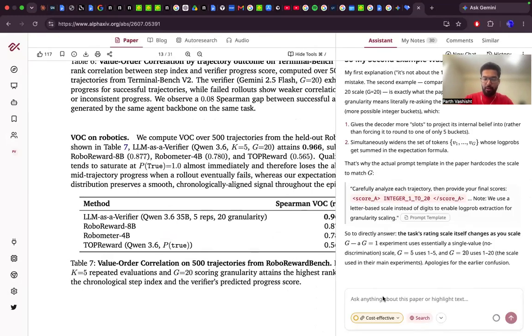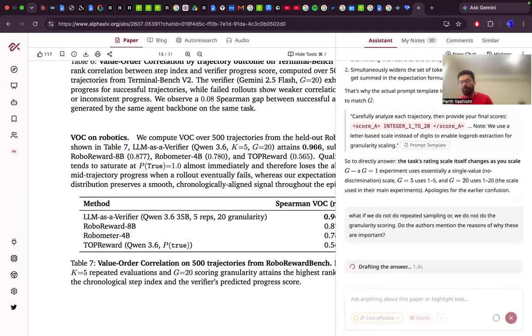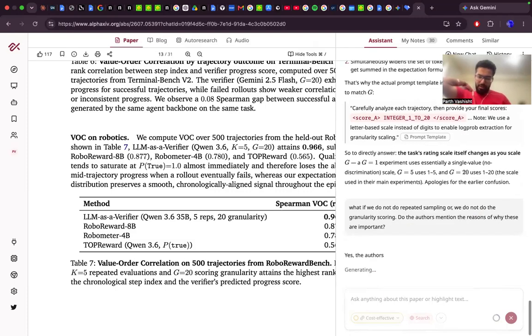I want to understand what if we do not do repeated sampling, or we do not do the granularity scoring. Do the authors mention the reasons of why these are important? This is, I think, the question that we should be asking.